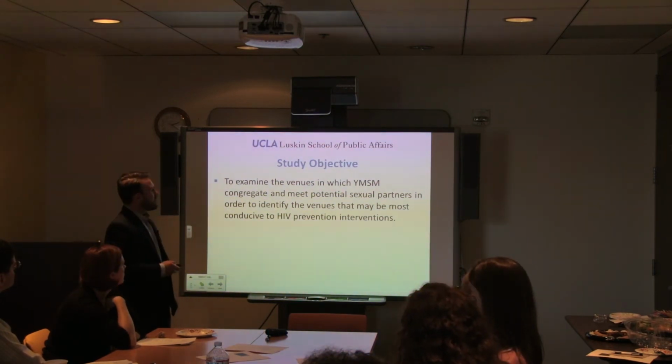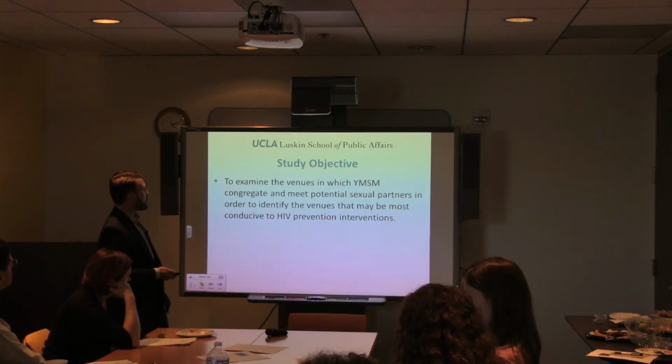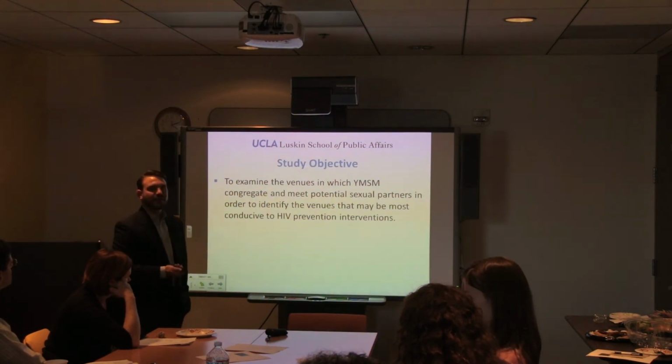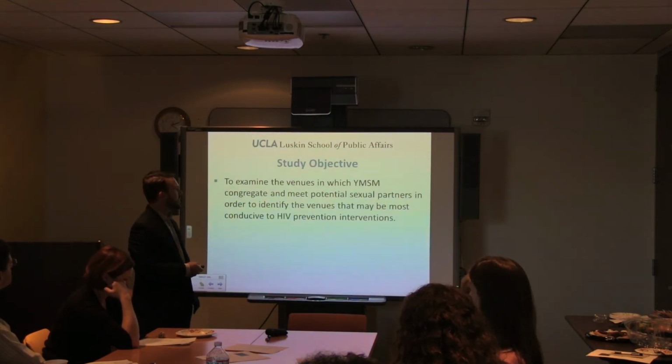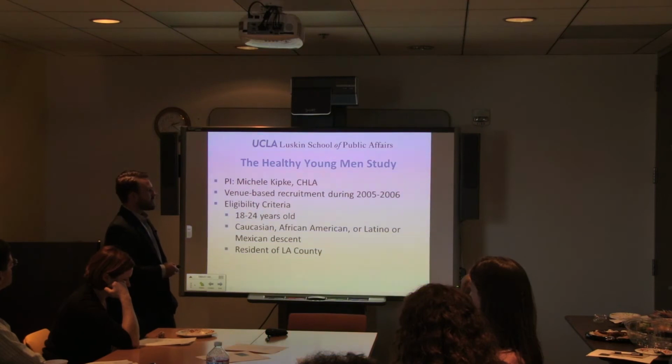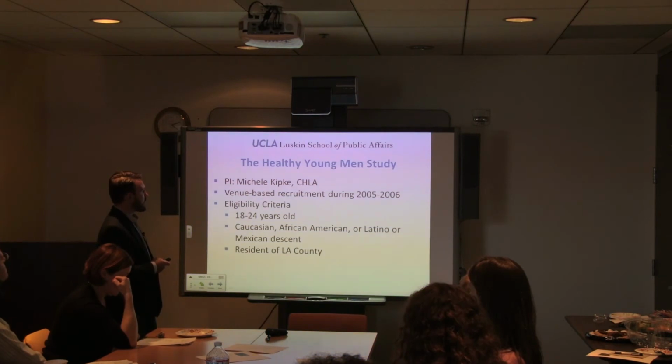Okay. So in this study, we sought to examine the venues in which young men who have sex with men congregate and meet potential sexual partners in order to identify the venues that might be most conducive to HIV prevention interventions. And this was a secondary data analysis that was conducted with a data set from the Healthy Young Men study, which was a longitudinal study of young men who have sex with men in Los Angeles, the data from 2005.